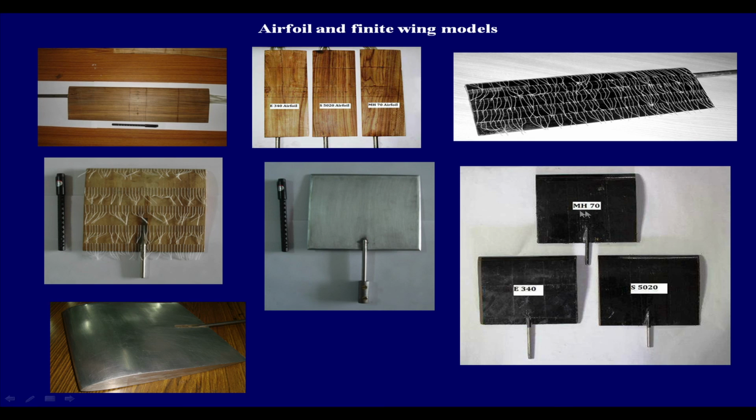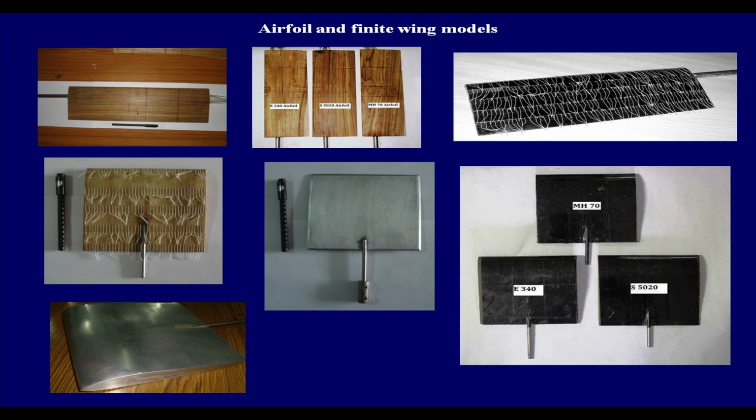We have marked certain numbers on these wings, and you can figure out that there are different kinds or series of airfoils that have been used here. Now, these are not very familiar ones. You might be more familiar with things like NACA airfoils, which are widely used in aerospace and have been studied since long.